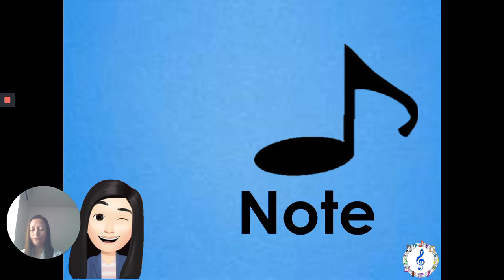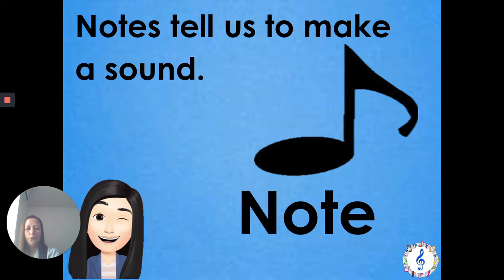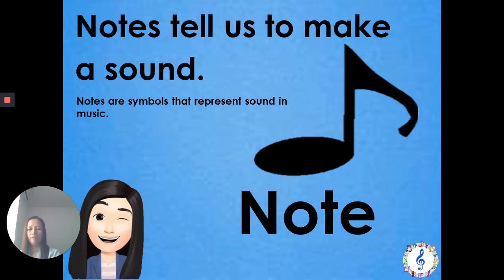Again, this is a musical symbol of a note. Notes tell us to make a sound. The note tells us where to start the sound or to make a song. Notes also are symbols that represent sound in music.